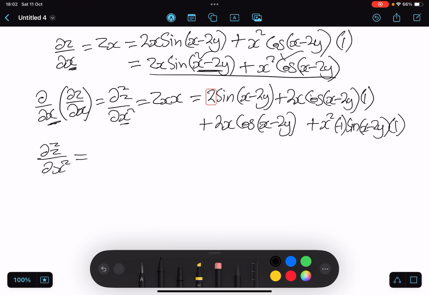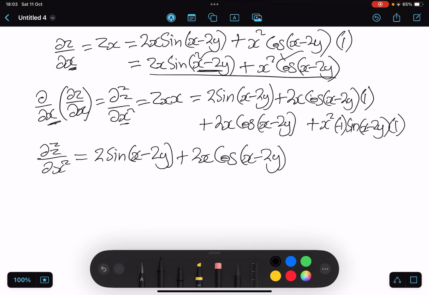Let me write it in a simplified form and then collect the terms: 2 sine(x minus 2y) plus 2x cos(x minus 2y), and then plus 2x cos(x minus 2y), and the last one is minus x squared sine(x minus 2y).